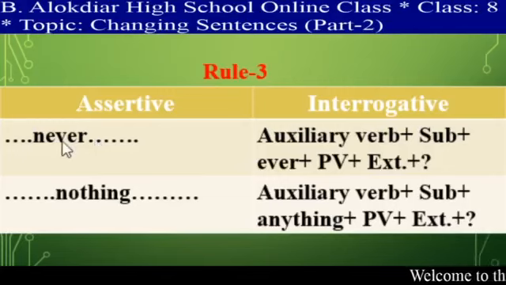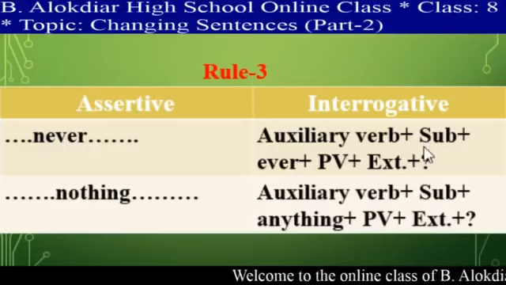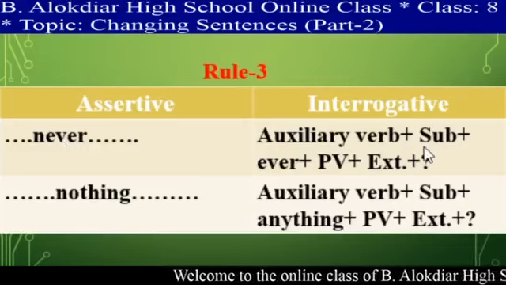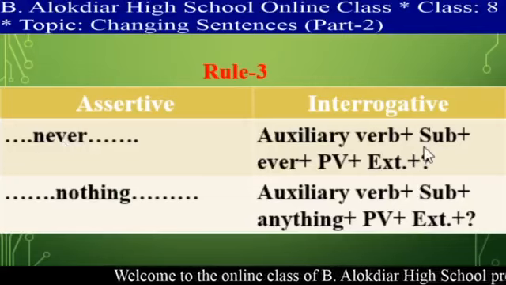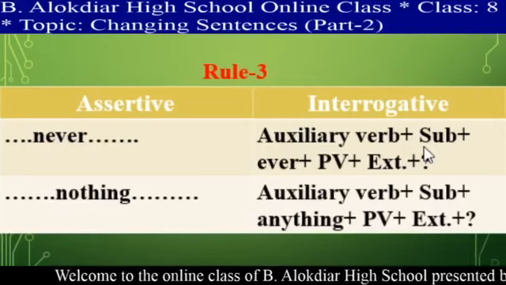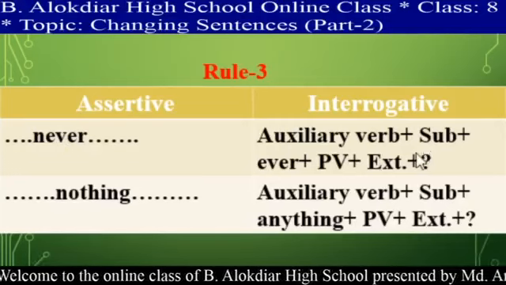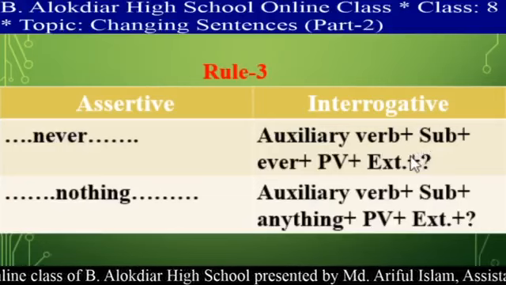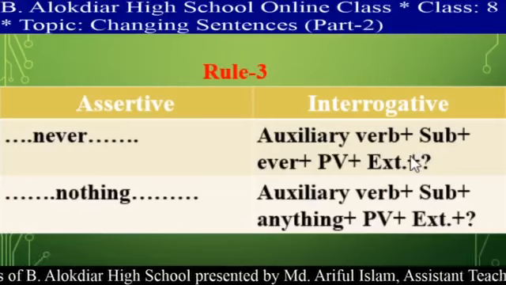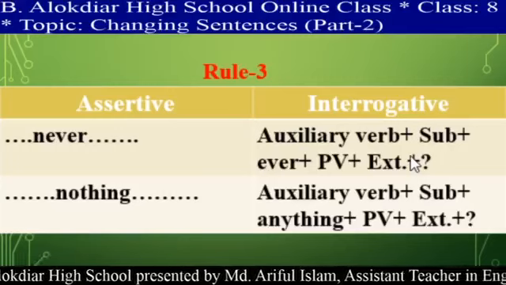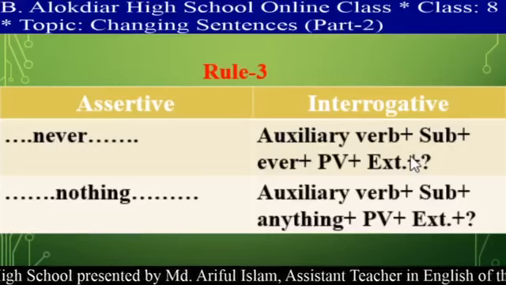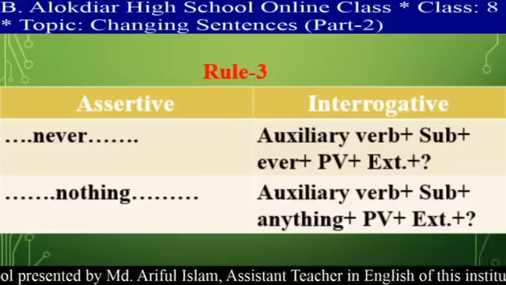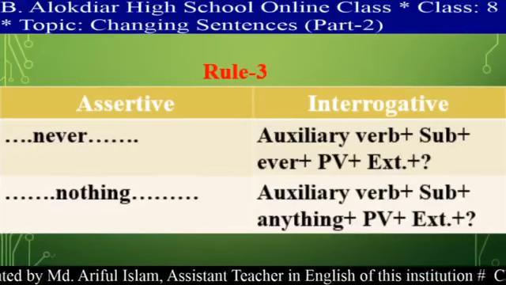So the full structure is at first auxiliary verb plus subject plus ever instead of never plus principal verb plus extension plus note of interrogation. Dear learners, in every interrogative sentence, you have to use the note of interrogation at the end of the sentence.